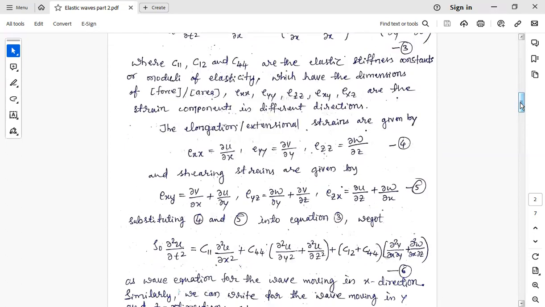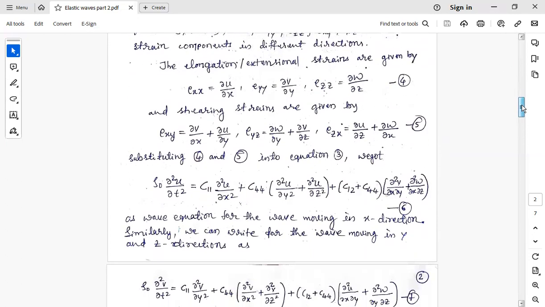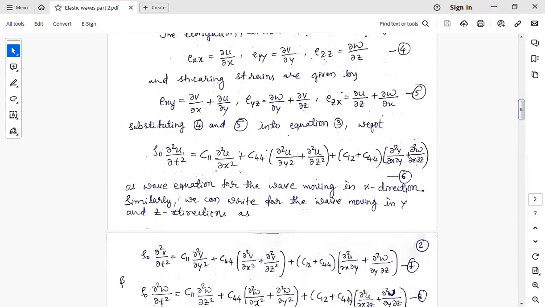From the basic definition of these, we have written exx, eyy, ezz like this: del u by del x, del v by del y, like that. All these things are written, and equations 4 and 5 are substituted into equation 3 to get the last equation.